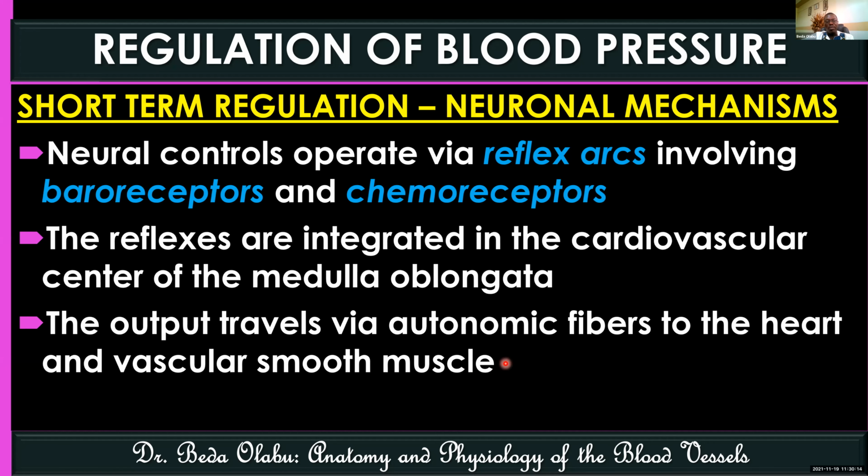So that will be on the blood vessels, and this other one will be on the heart. Of course, we know that there's also that output that goes to the adrenal medulla that causes release of adrenaline. Then adrenaline will still act on the cardiac musculature as well as the vascular smooth muscle. Remember, Tunica Media of the blood vessels.